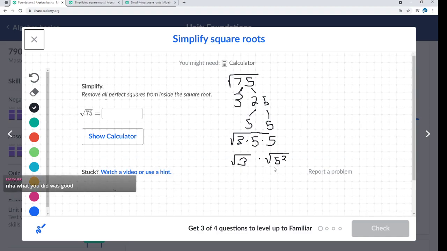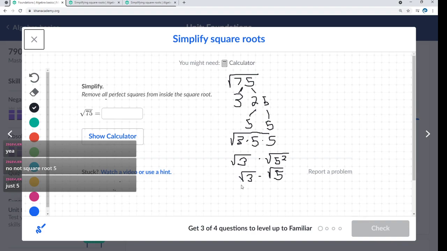Okay, I'm a bit flustered here. So this boils down to just 5, right? 5 times 5 is 25, and so the square root of 25 is 5. And so it's the square root of 3 times 5.